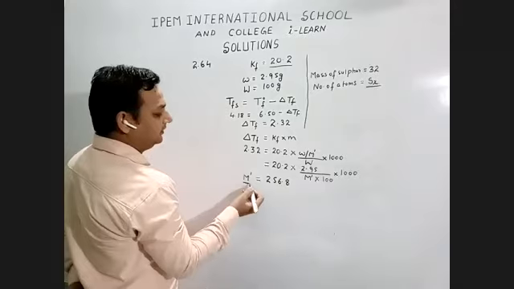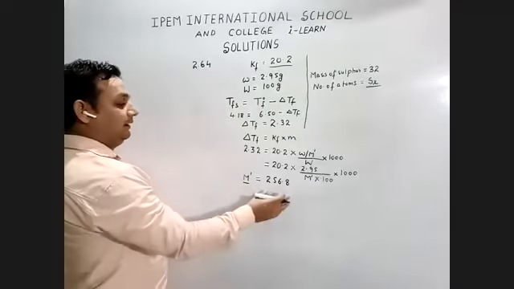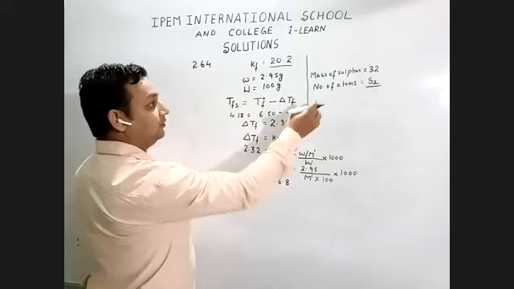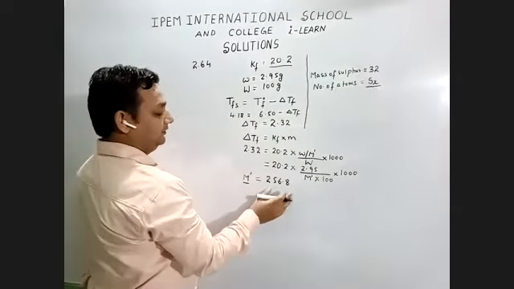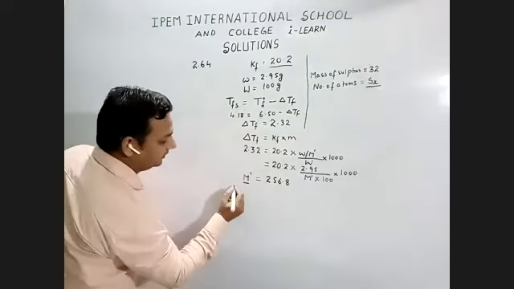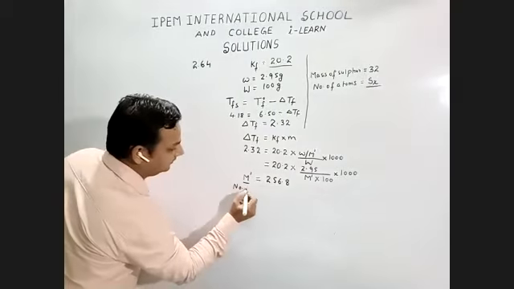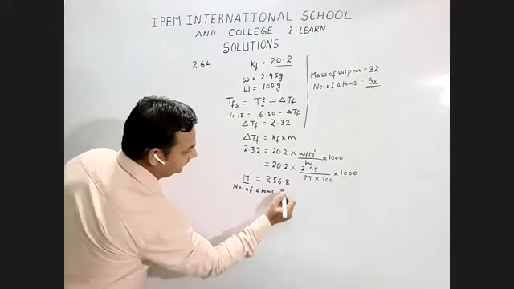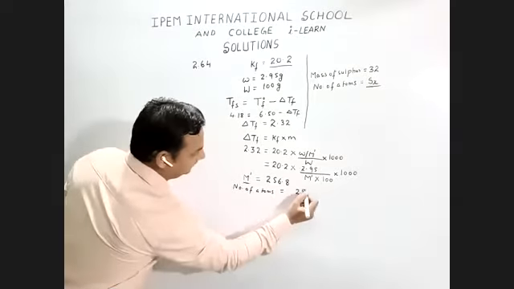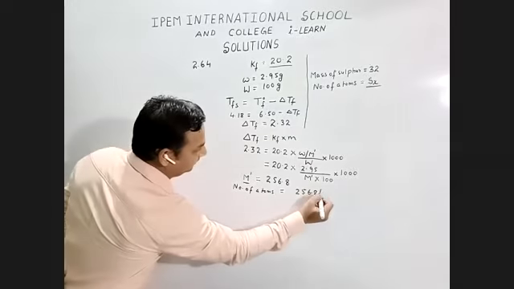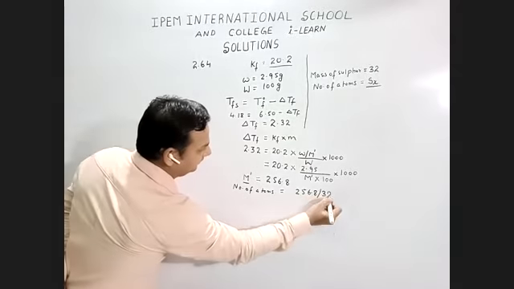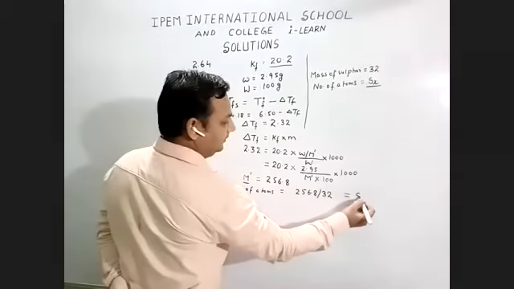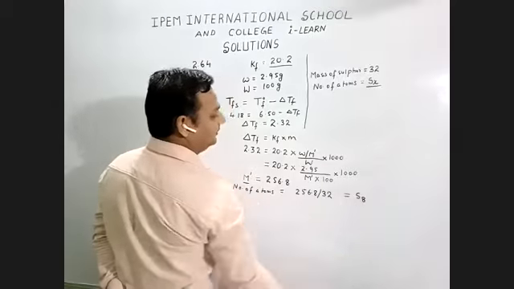This is the molecular mass, and they are asking for the molecular formula. So the number of atoms we have, we will divide it: 256.8 upon 32. This we will get as 8.